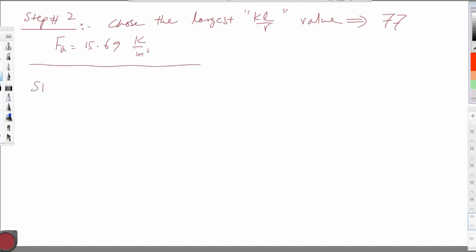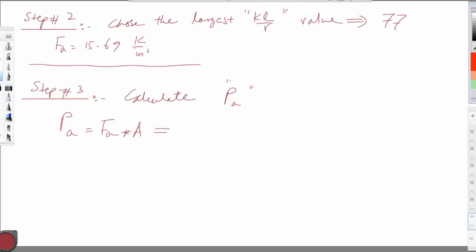Now step number 3 is calculate maximum allowable load, and the equation is equal to FA multiplied by cross-sectional area.